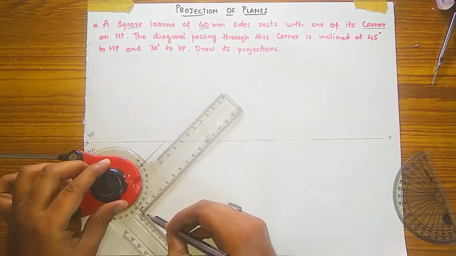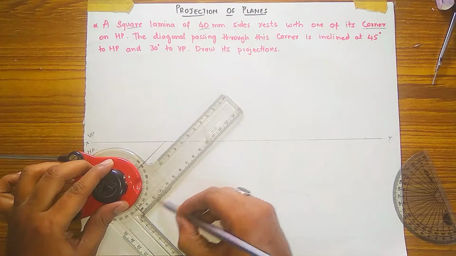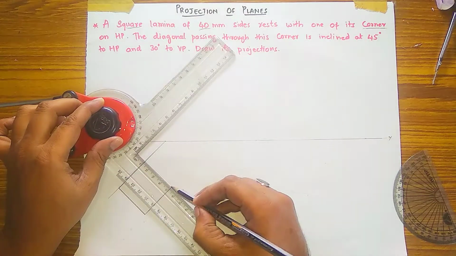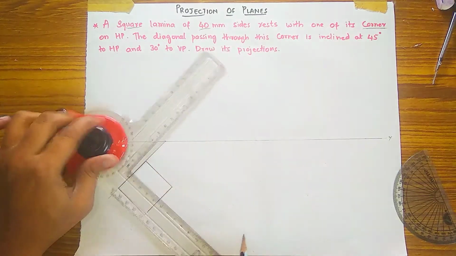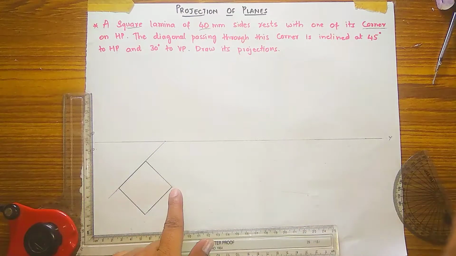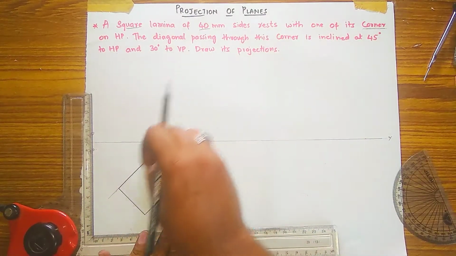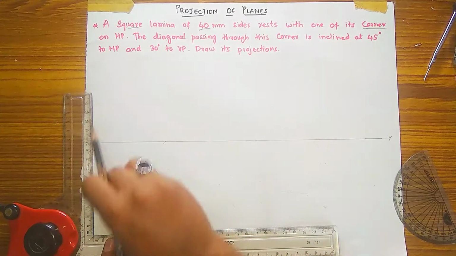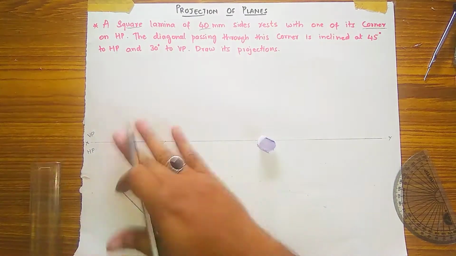Then at the other ends, draw 40 mm lines to complete the square. This means your square is resting on a corner. The extra 45 degree line which you have drawn, you can rub out.